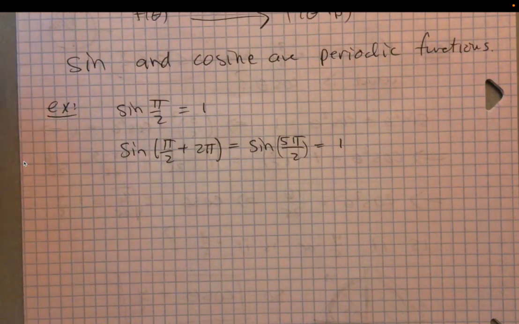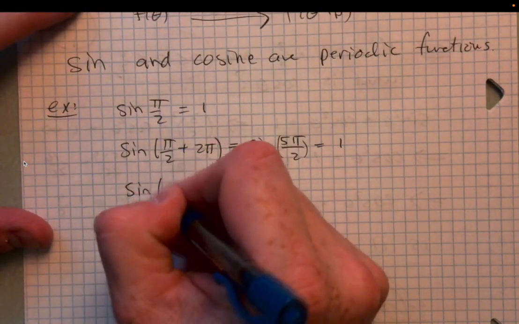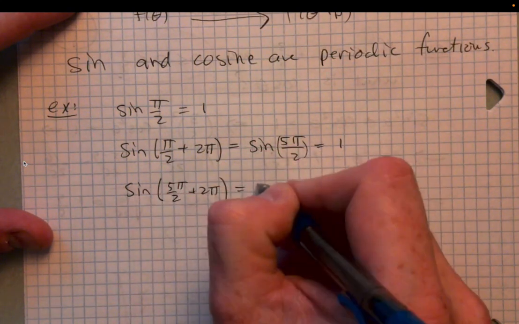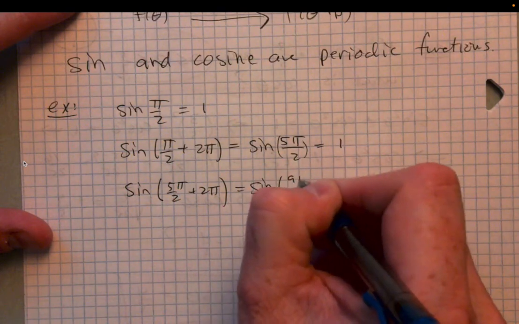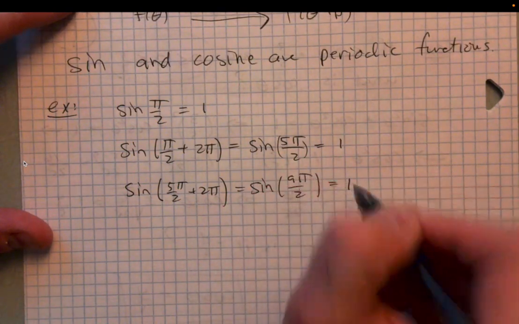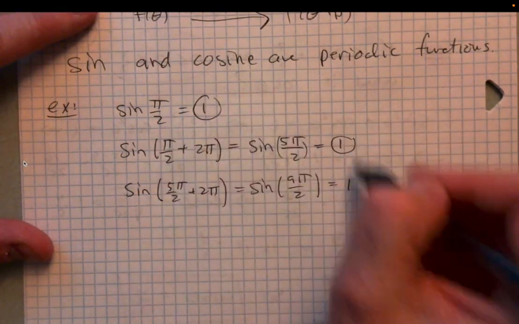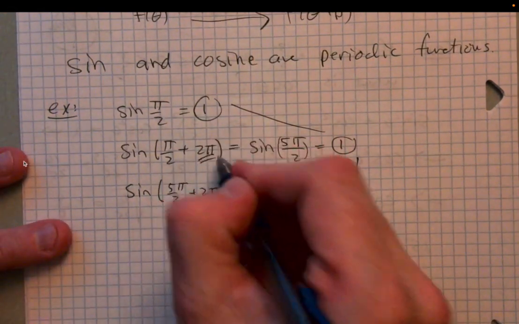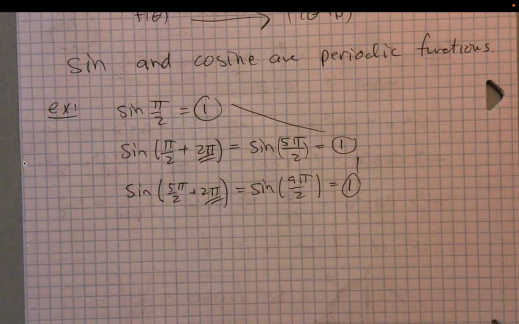Right? And I could go further. I could say, now sine of 5 pi over 2 plus 2 pi is equal to sine of 9 pi over 2, which is equal to 1 as well. All right, so you can see the value of the functions are all equal, and we're adding 2 pi each time.